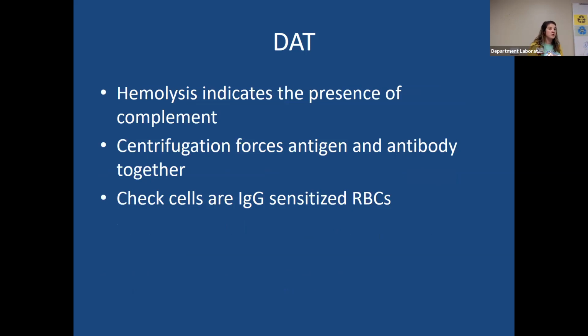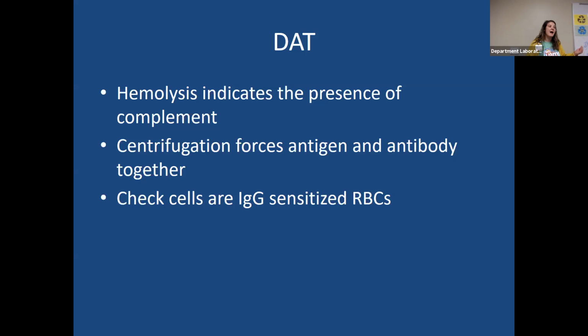Why do we want to wash? Yes, we want to get rid of the excess protein that might be surrounding those patient cells, okay? But inadequate washing doesn't cause false positives. It actually will cause false negatives. And you kind of have to think about that backwards, because what's going to happen? Inadequate washing leaves all this excess protein remaining around the cells.